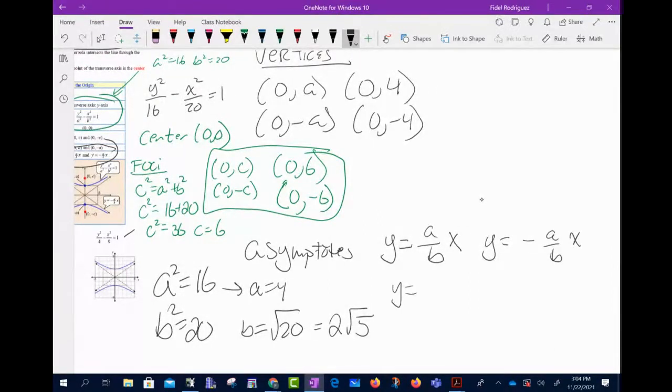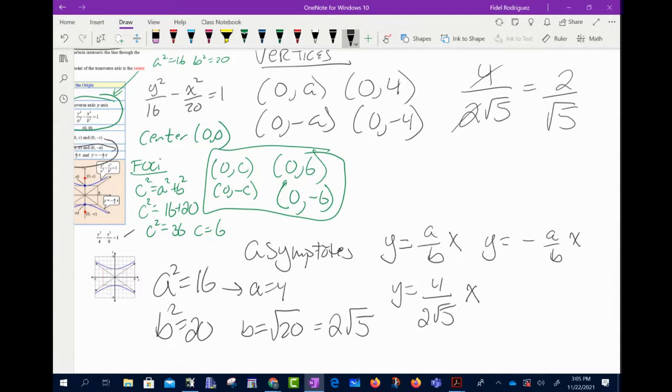Okay, so let's see if we can do this. A is 4. B is 2 square roots of 5 with an x. Okay. So what I really want to do first, John, before I do anything else, I want to simplify 4 over 2 square roots of 5. So do y'all agree that 2 goes into 4 twice?